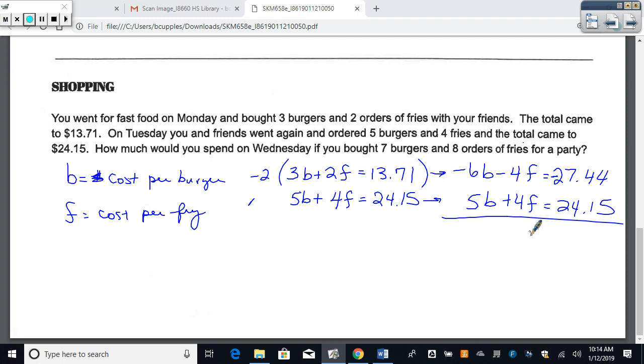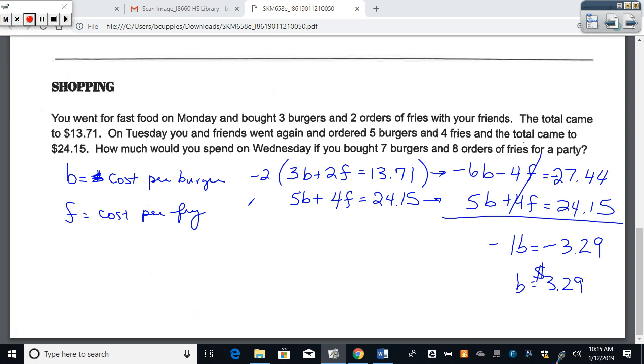Okay. So if we bring down the burgers, we've got -1 burgers, that's no good, is equal to -3.29. So if we divide through by -1, how much is each burger? $3.29. Okay.